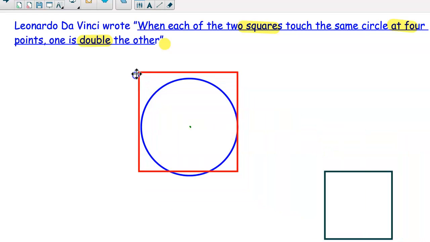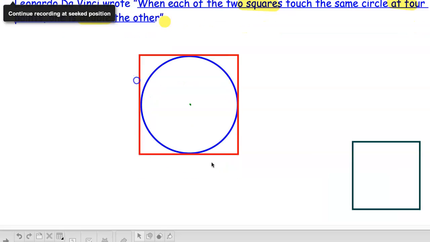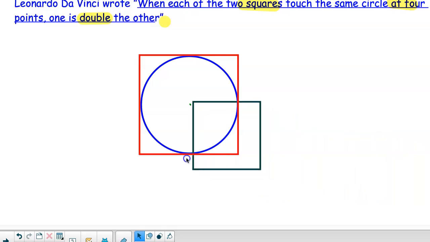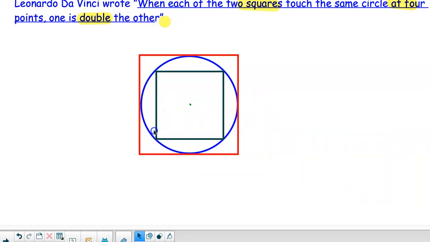This square is touching the circle at 4 points and it is outside. Right, now take the second square. This second square is also touching the circle, but from inside. So these are the two squares. Now our task is to show that this bigger square is double the area of the smaller square.